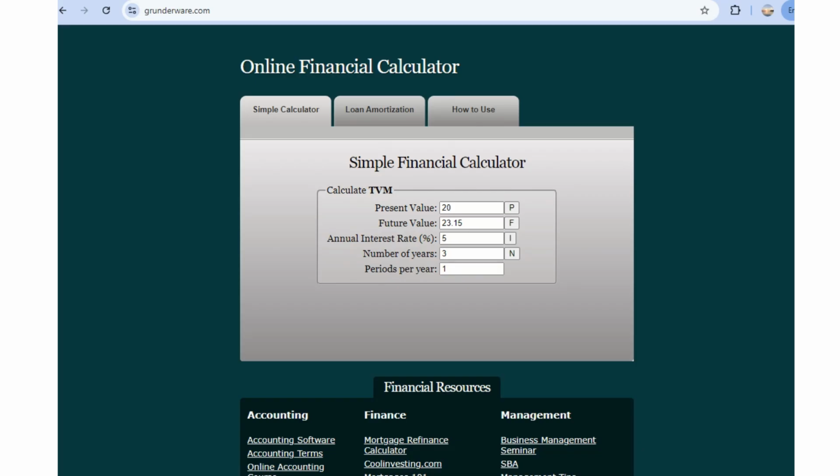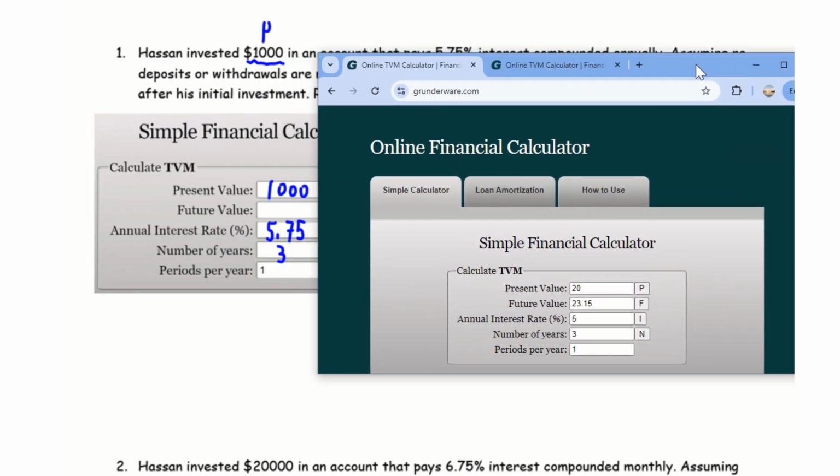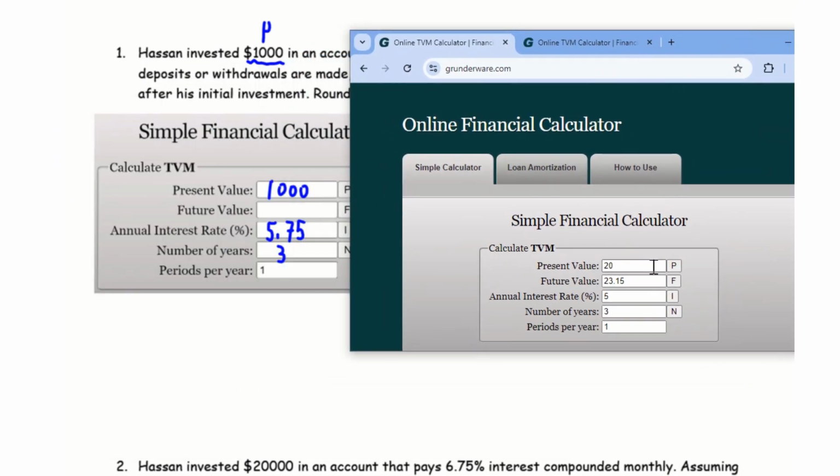So 1,000, then future value is nothing there. We are going to do the calculation with 5.75 and 3 years, compounded annually.